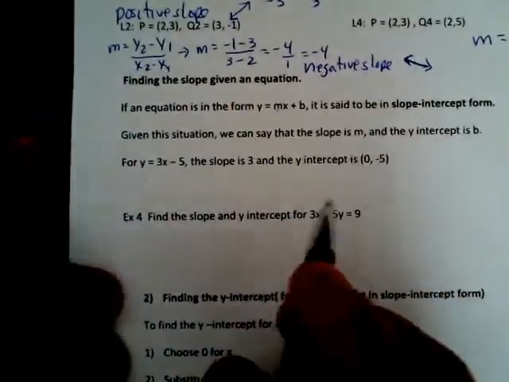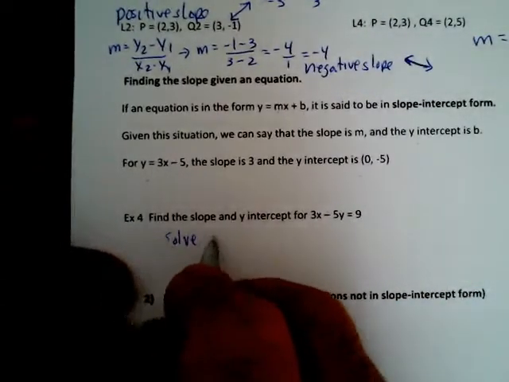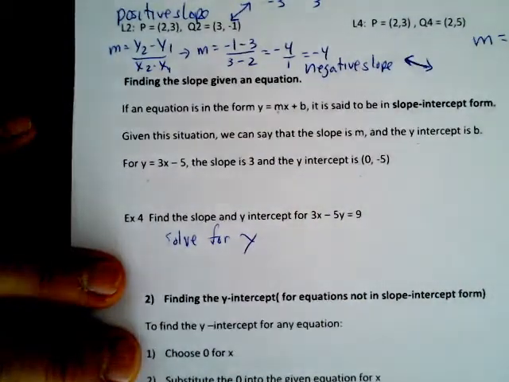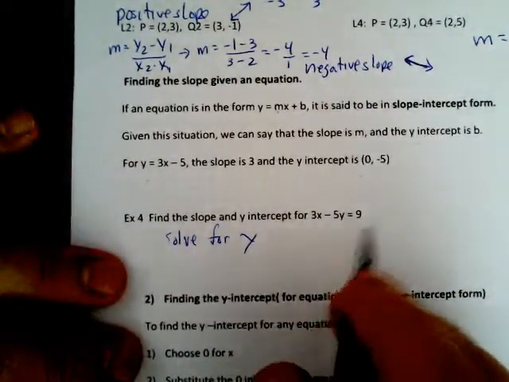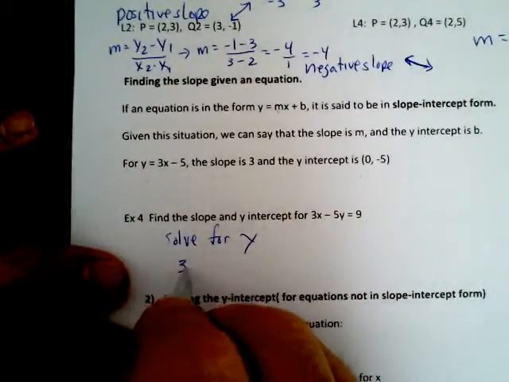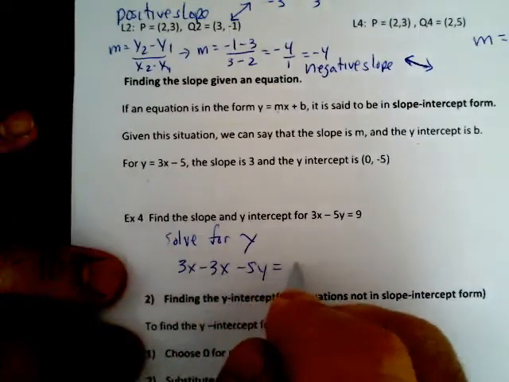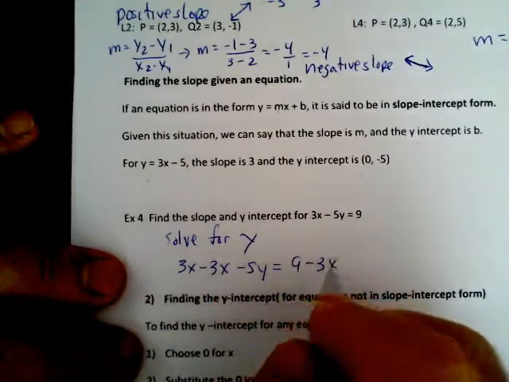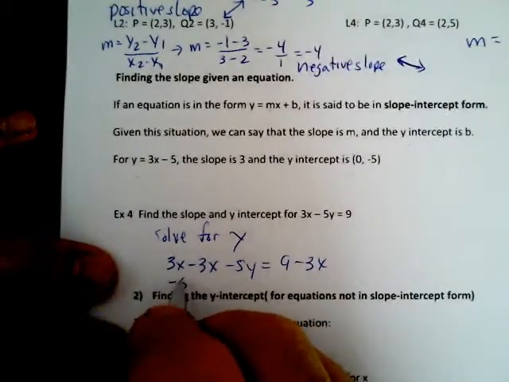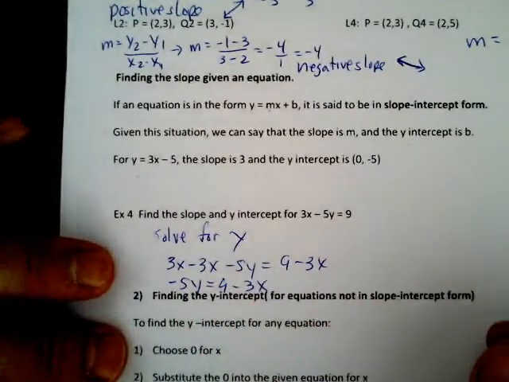If we want to find the slope and we're given an equation like this, we have to solve for y. So that means I have to get y by itself on one side. In order to do that, I'm going to subtract 3x from both sides, which gives me negative 5y is 9 minus 3x.